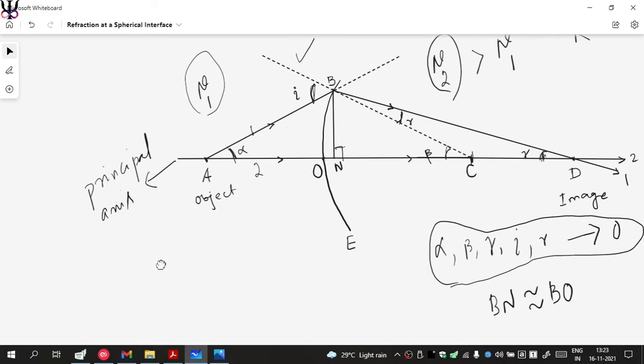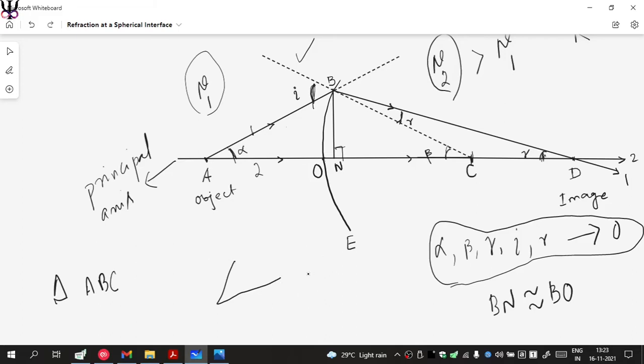Now look at the triangle ABC. Let me draw the rough triangle like this.